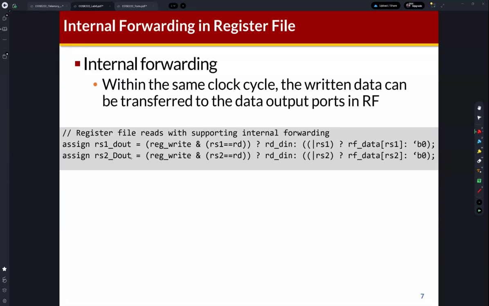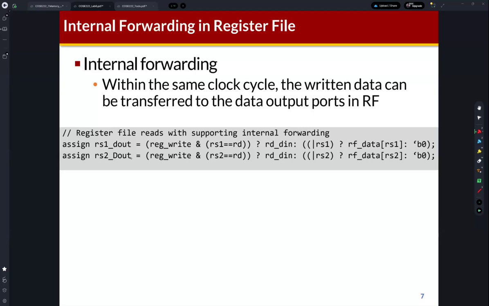In the register file design, we designed the register file in lab 4, right? Lab number 4. But for lab number 6, we need to use the new register file, and this new register file needs to support internal forwarding, right?